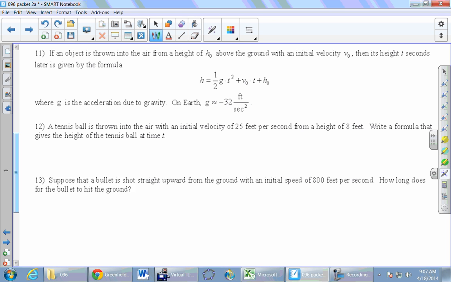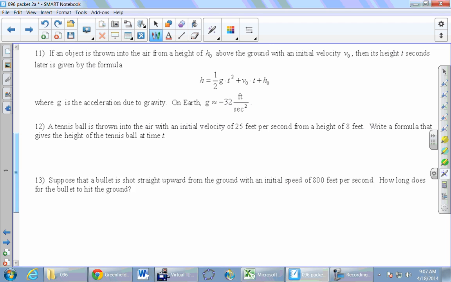H is the height of the object. And so here's the formula. 1/2 times g times t squared plus v sub 0 times t plus h sub 0, where g is the acceleration due to gravity. So I think this is the messiest formula we have seen this semester. If you end up taking a physics class at some point, you will see this formula. It comes out of physics.